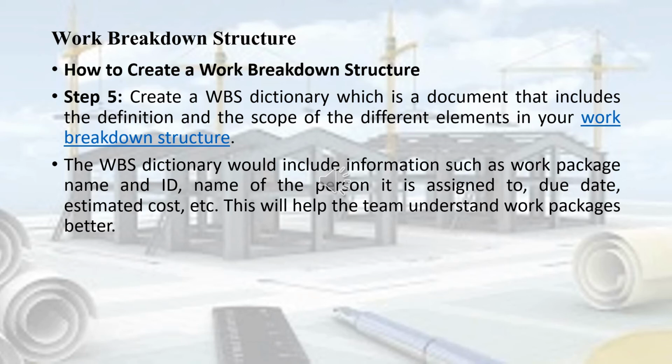You're going to give it an ID also, just for referencing. Name of the person who is going to be responsible for that work package, for that work task, the due dates, the estimated costs, the resources allocated, both human resources as well as equipment, amongst others.